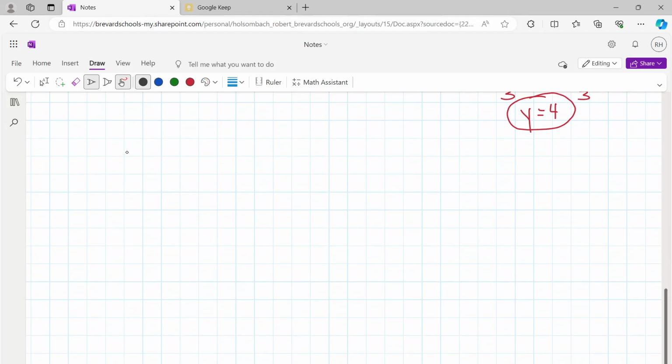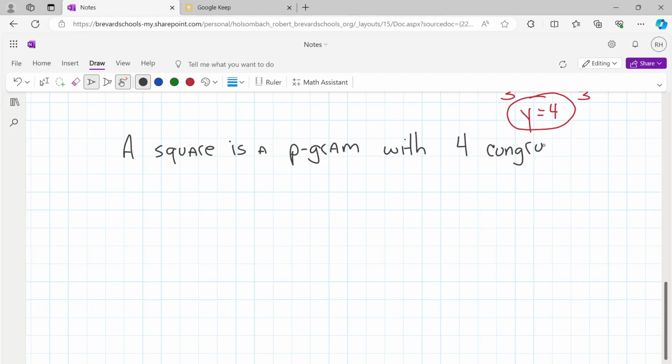A square is a parallelogram with 4 congruent sides and 4 90-degree angles.